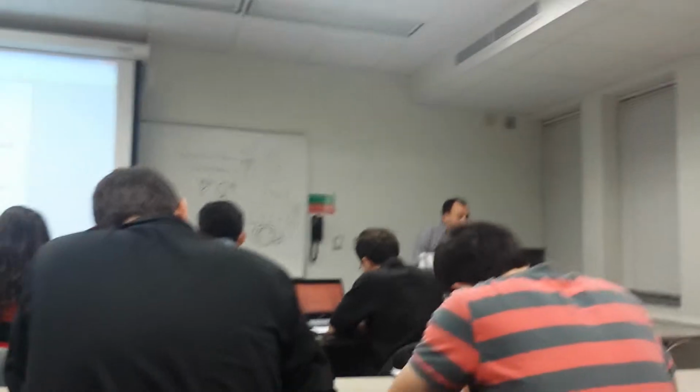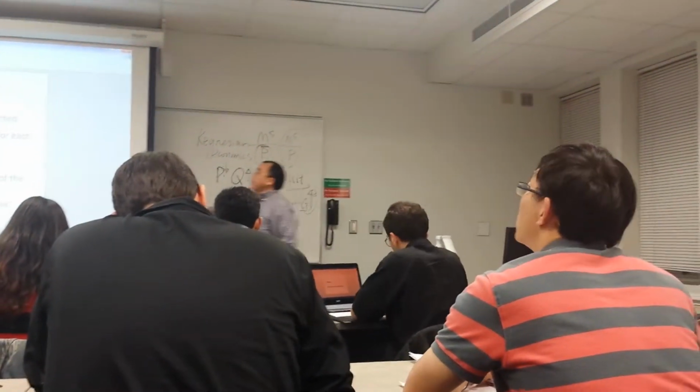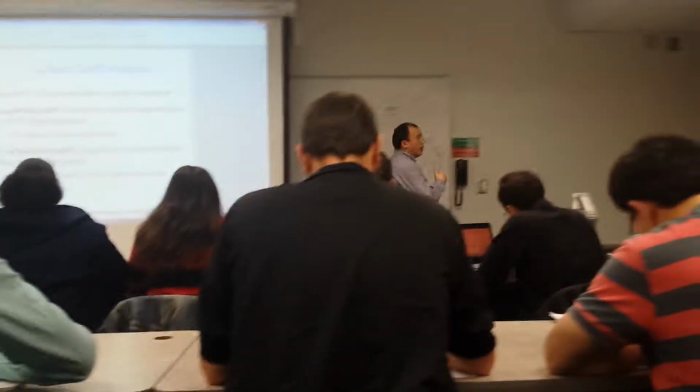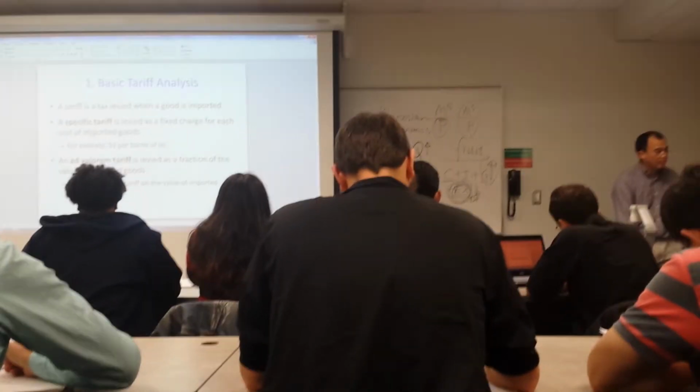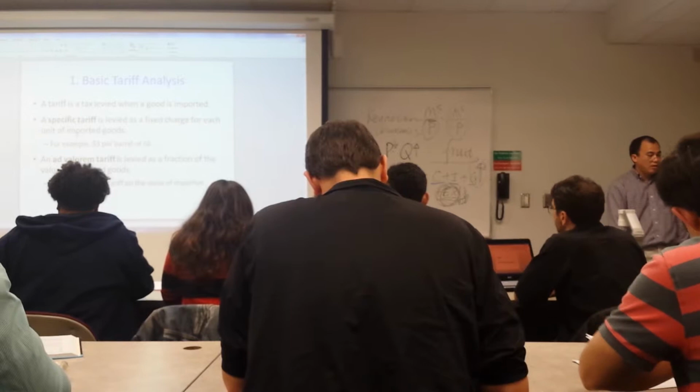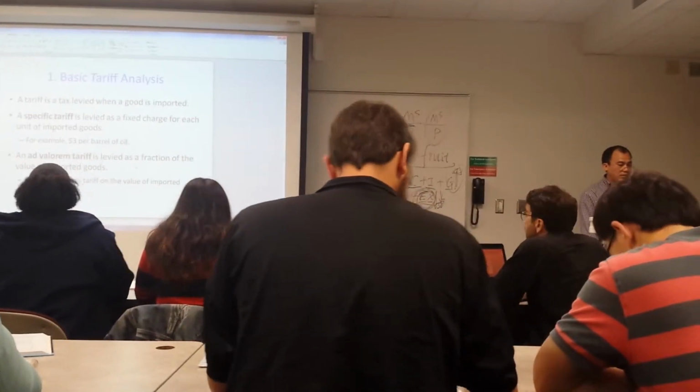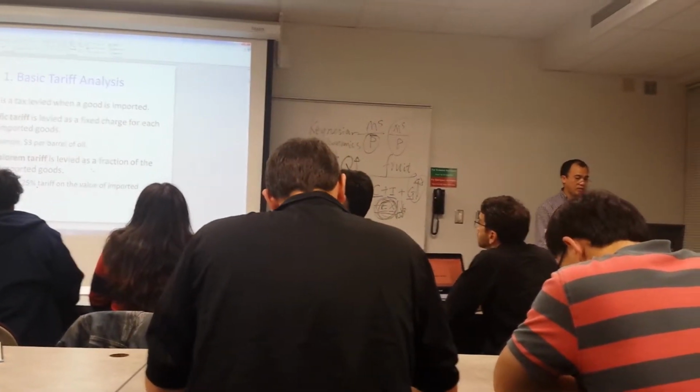We have 9 questions from this chapter. You need to understand the meaning of the terms. Let's say if I give you an example of tariff, you need to clarify whether it's a tax or a subsidy.